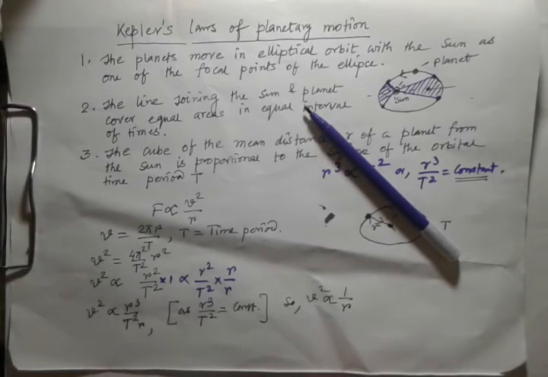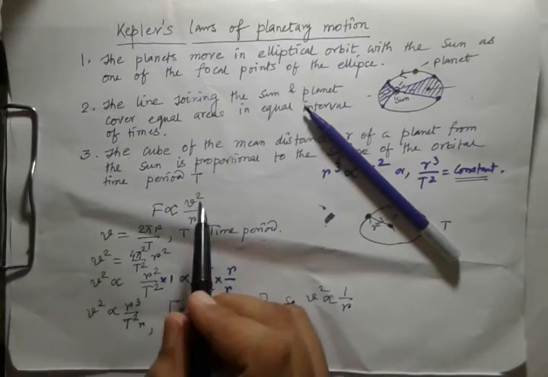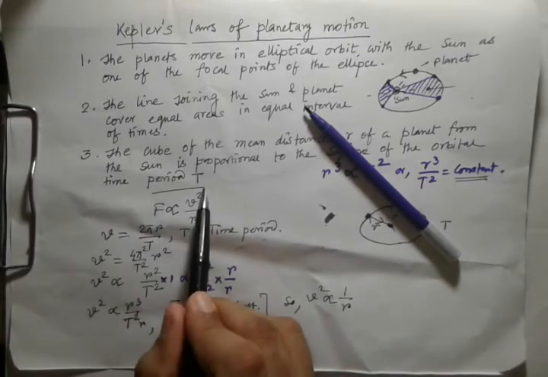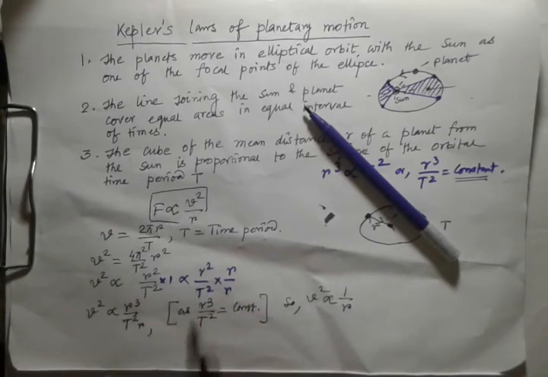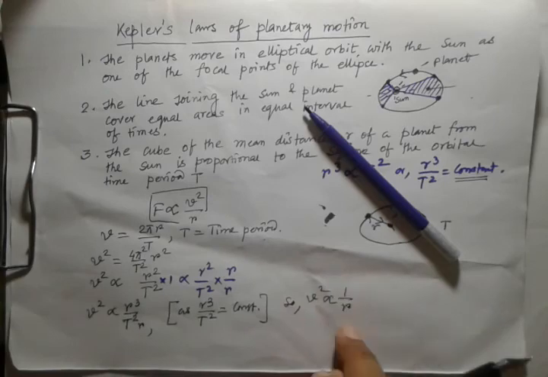Now we got this. In the formula F is directly proportional to v square by r, and v square is directly proportional to 1 by r.